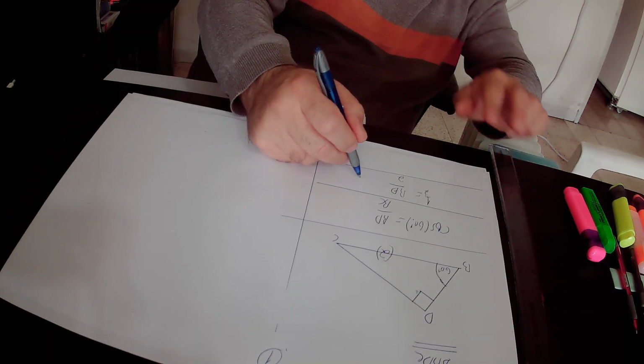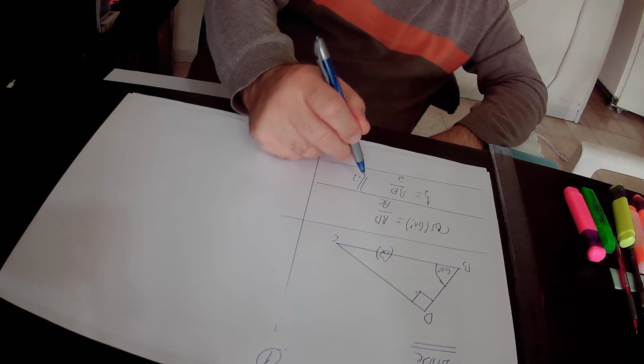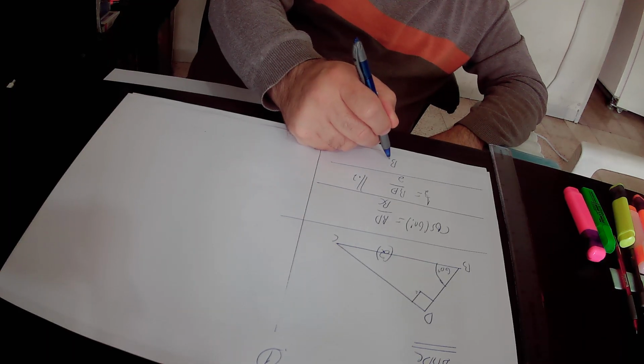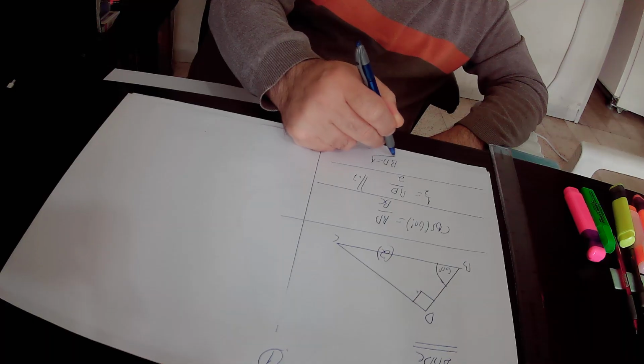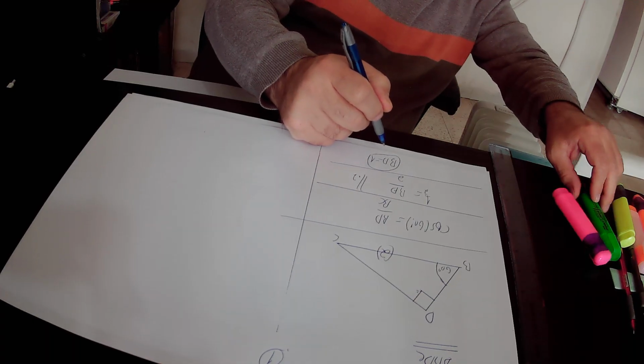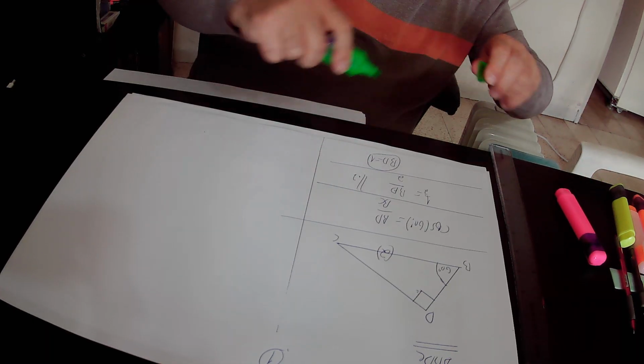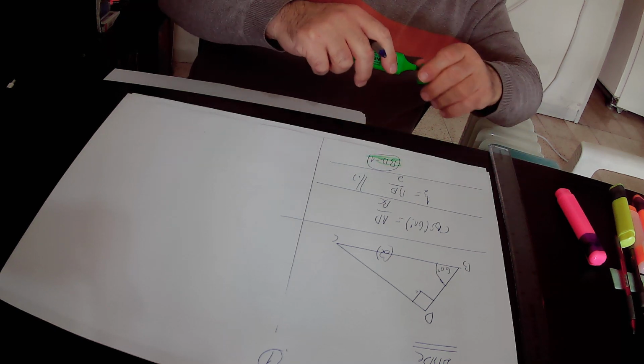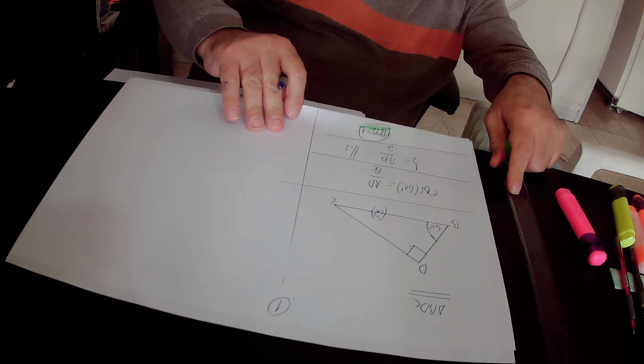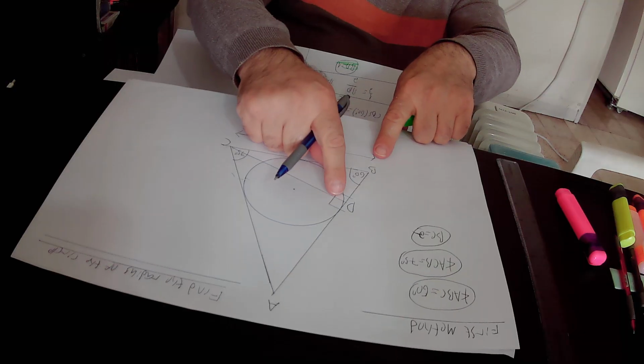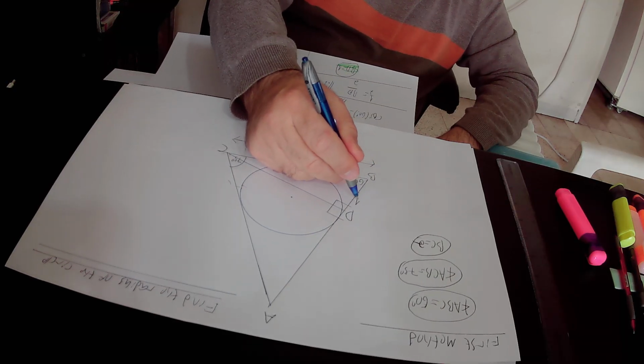Here we multiply this equation by 2, and finally we get that BD equals 1 unit in its length. This line segment BD equals 1 unit in its length.